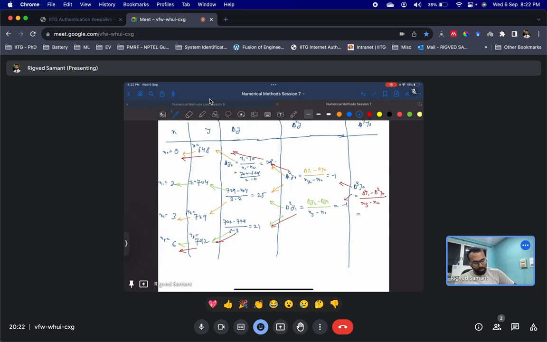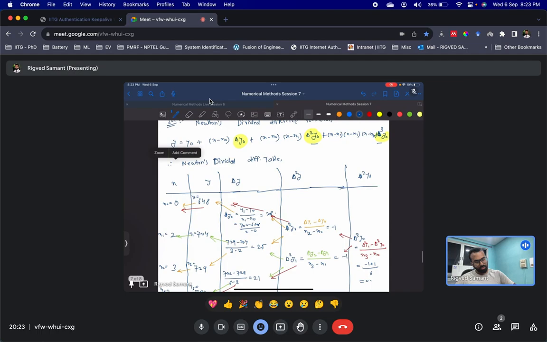If you plug in these values, that is -1 minus -1, this would be 0, and divided by 6 minus 0, so this would be 0. Because this is 0, this whole term is going to be 0.